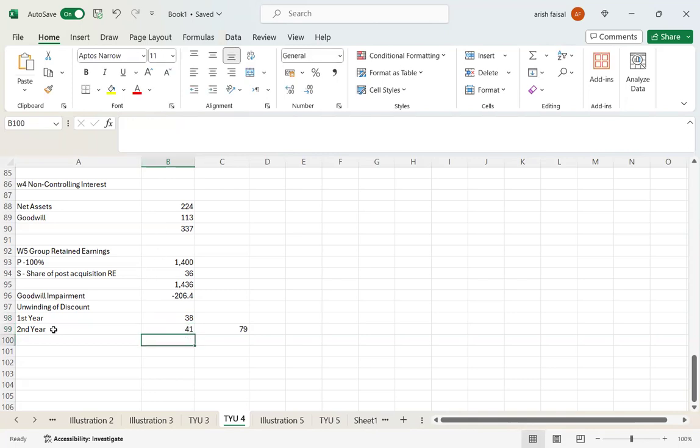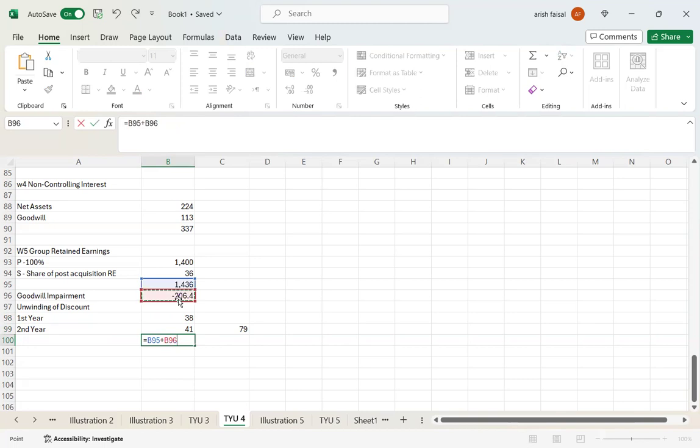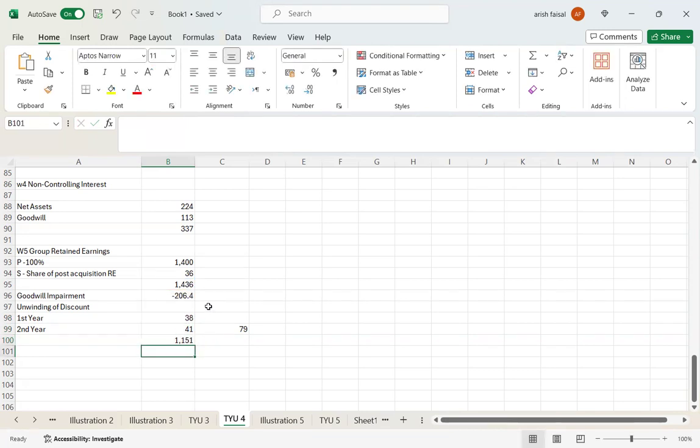All right, so we can adjust this in a formula. The group retained earnings would be 1436, then minus your goodwill impairment, and then minus your unwinding of discount for the first year and also for the second year. So this will give me a final answer for the group retained earnings of 1151.